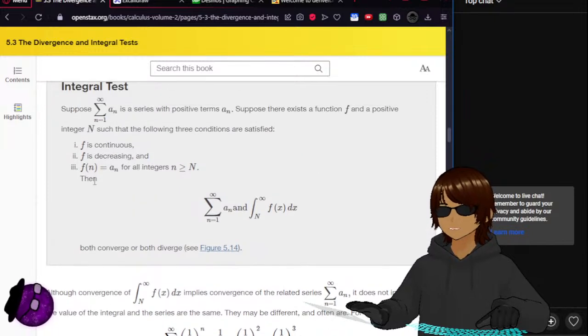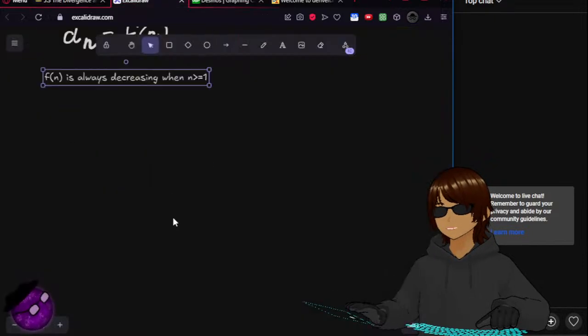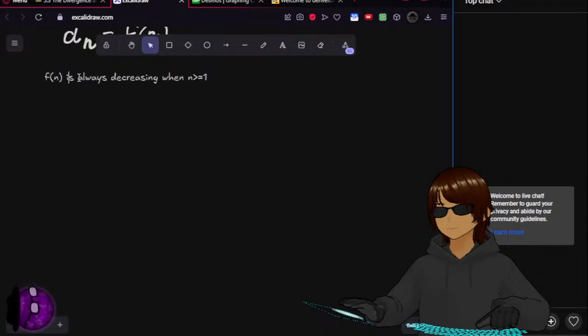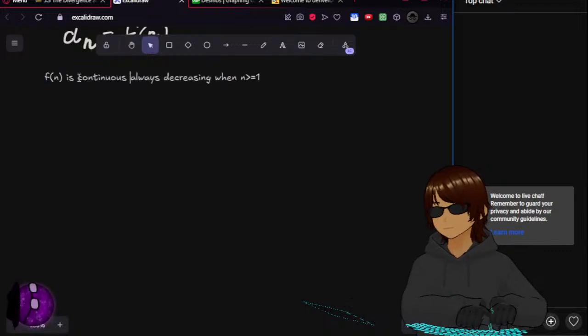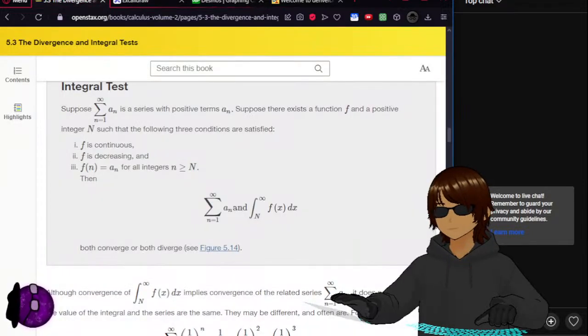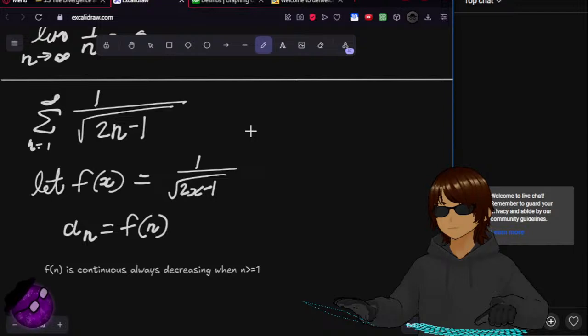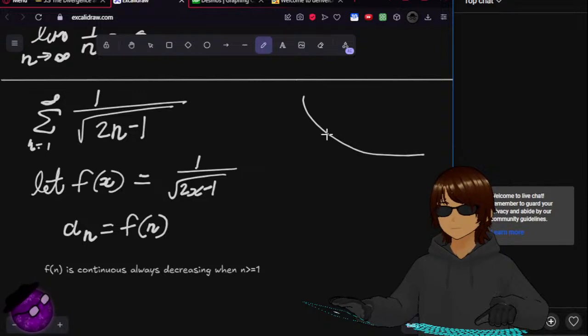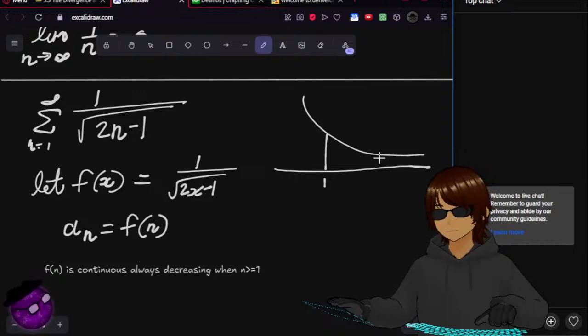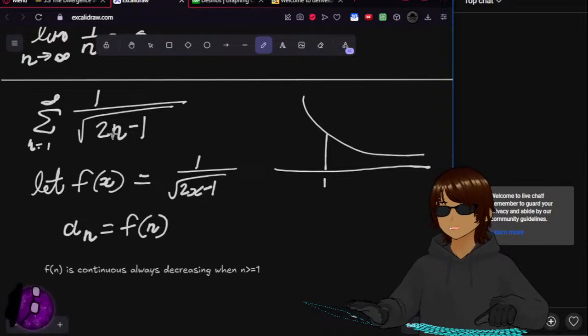These are the only two conditions, right? f is continuous, right? Continuous. So you have a decreasing graph, and then the limit as n approaches infinity is 0, so it goes here.